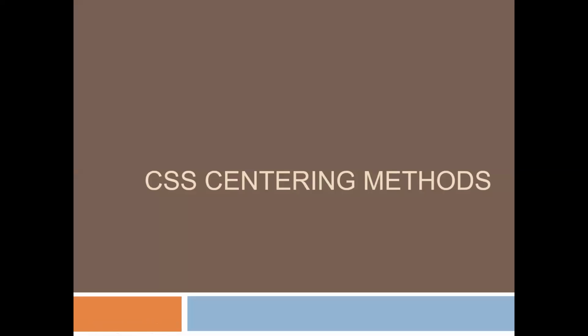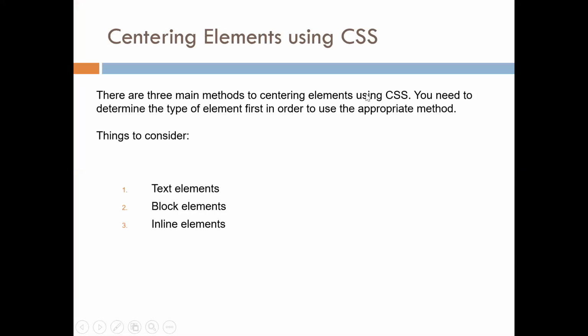Centering methods. There are 3 different methods to center elements depending on the type of element that it is. The first one that we're going to look at is text elements, how to align text elements.